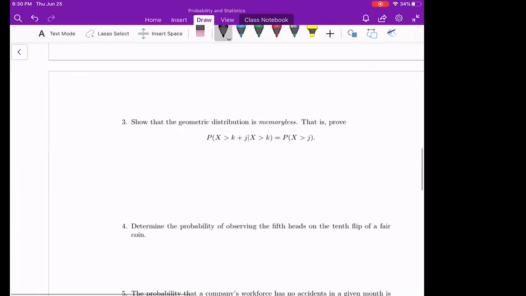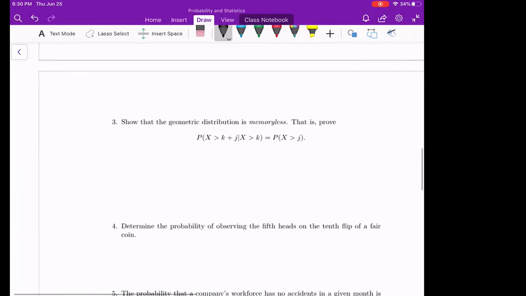So remind me again what conditional probability, what that formula is. Probability of A given B is what? Probability of A intersect B over the probability of B. Mm-hmm.